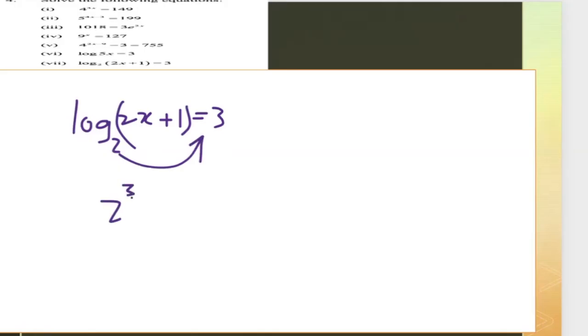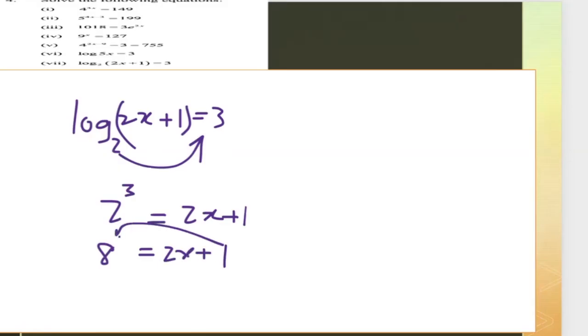The one where we have log base 2 of 2x plus 1 equals 3, we are going to write this in exponential form. So this is 2 to the 3 equals 2x plus 1. 2 to the 3 is 8, so I have 8 equals 2x plus 1.